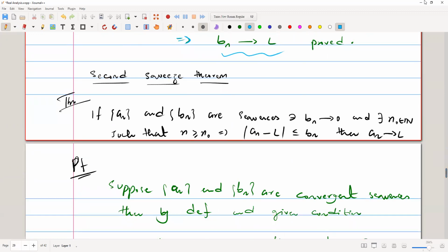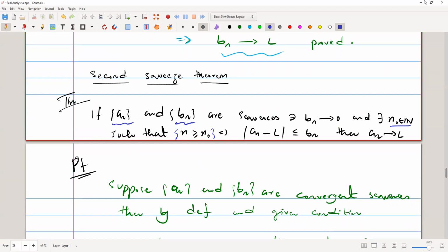So now we have the second squeeze principle, which says that if an and bn are two sequences such that bn converges to 0, and there exists n naught belonging to the naturals such that for n greater than or equal to n naught, |an minus L| is less than or equal to bn.